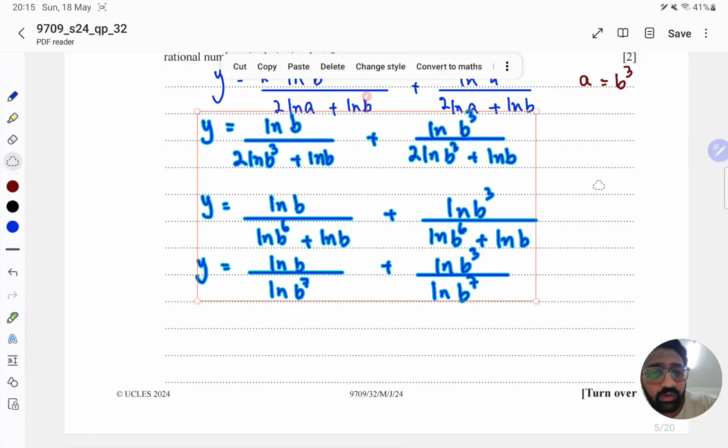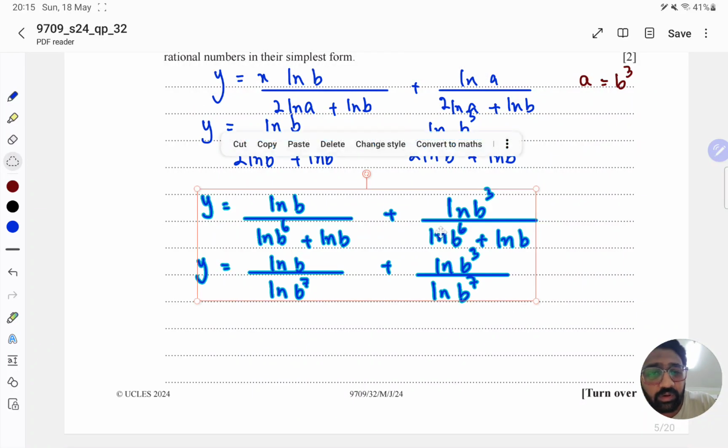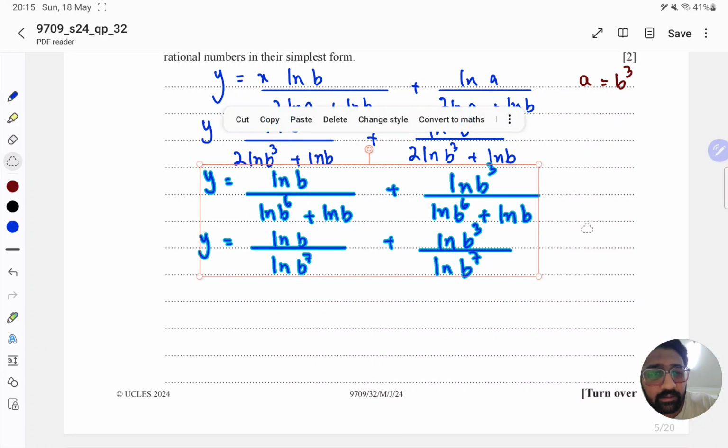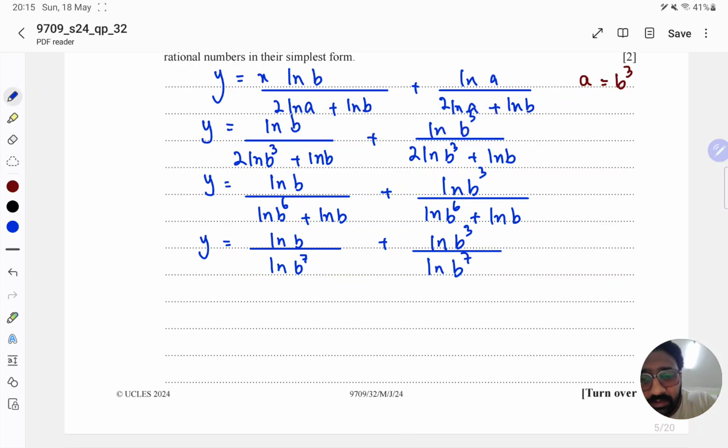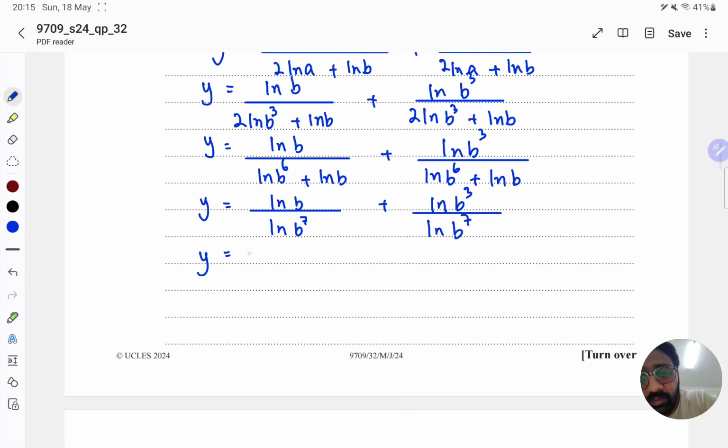So it is going to look like y equals ln b over 7 ln b, plus 3 ln b divided by 7 ln b. Now ln b and ln b will cancel out.